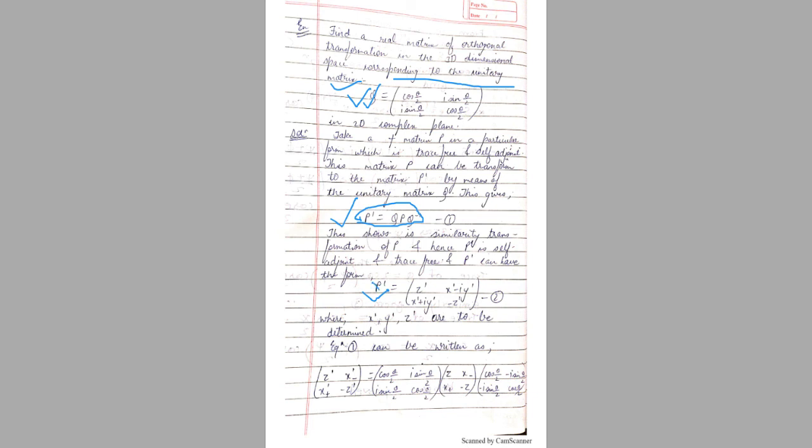So equation number one, if you use this value of P dash over here, you'll get this equation, and we know the value of P also. So when you multiply all this, you will come to this equation. After that, we have to do nothing. We just have to compare, and you will come to this equation. So these equations are really simple.